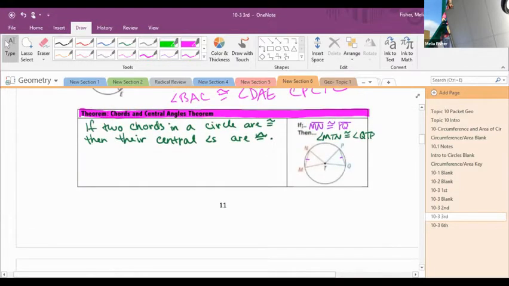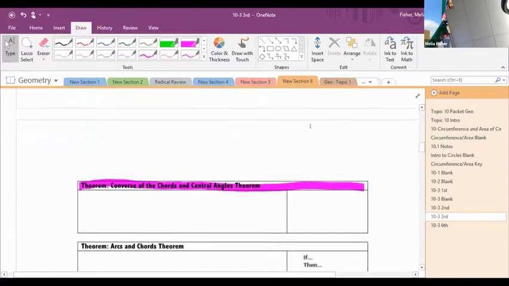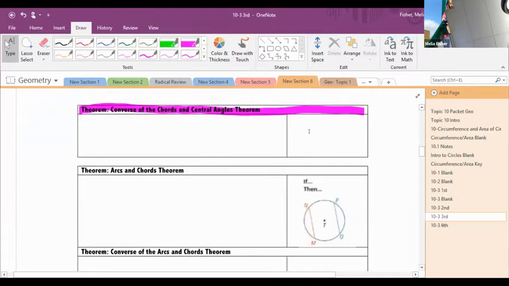But if the regular one says if the chords are congruent, then the central angles are congruent, what will the converse say? If the central angles are congruent, then the chords are congruent, right? Remember, it swaps. The converse just switches the order. Okay, so fill that one in on your own. I will fill this in for the completed notes that I post, but I'm not going to take time to fill it in right now.